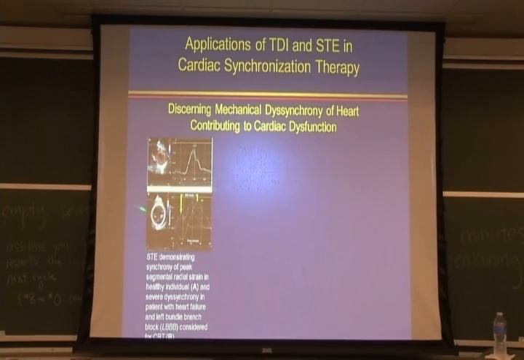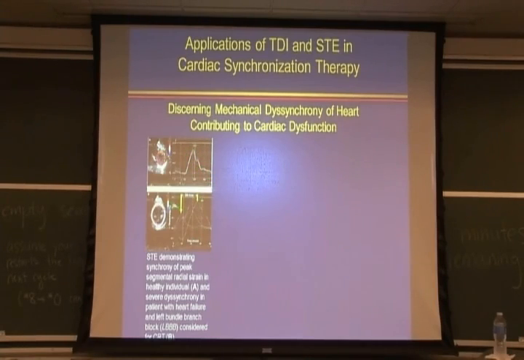Compared to those who had left bundle branch block, they are moving in a dysynchronous fashion. Between the earliest activation and the late activation, there is a time gap of almost 300 milliseconds. Usually the time gap in synchronous hearts is not more than 65 milliseconds.